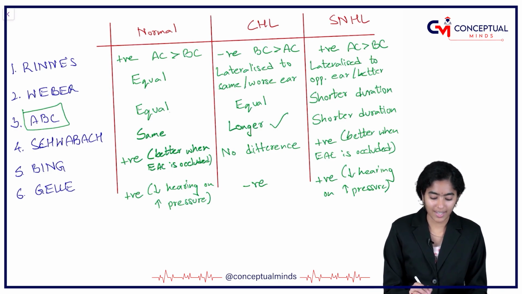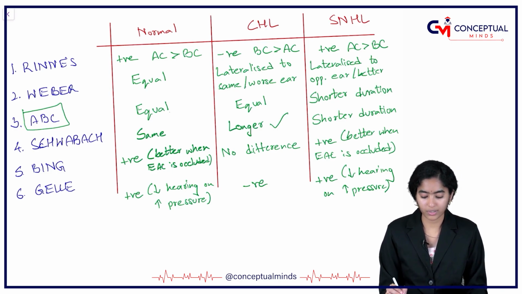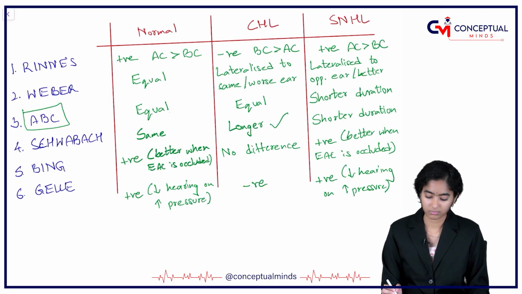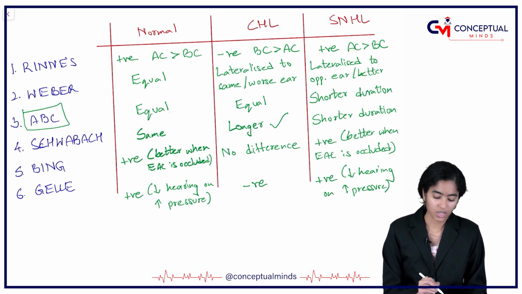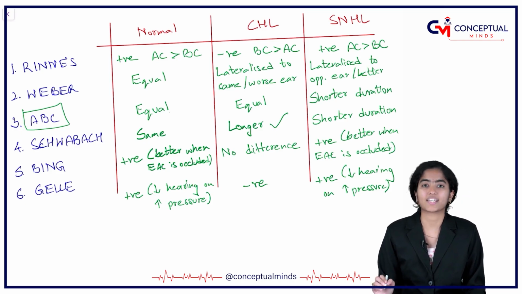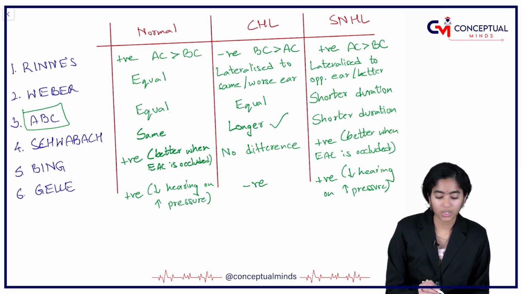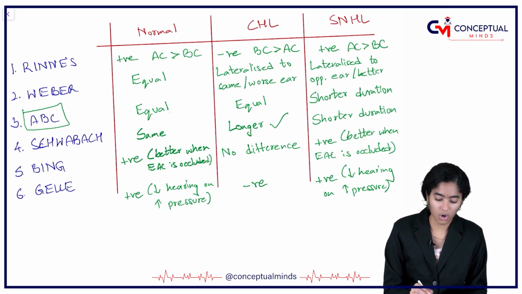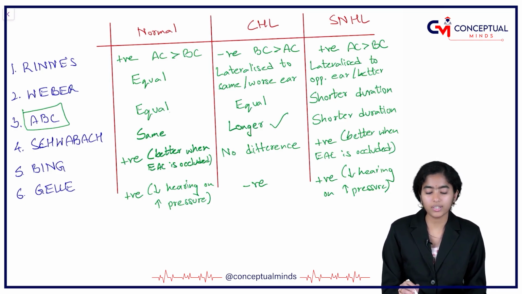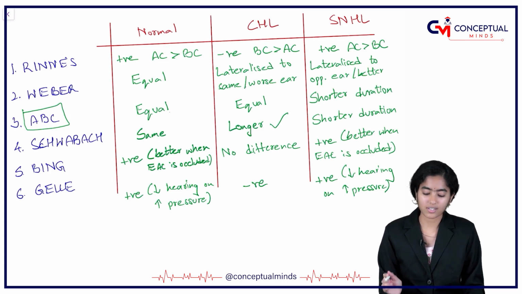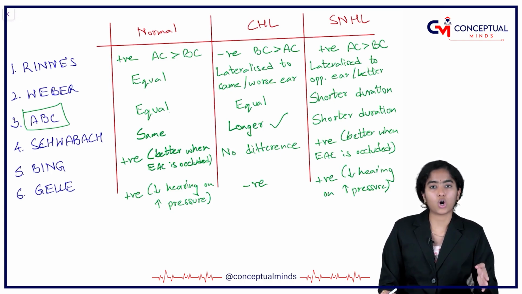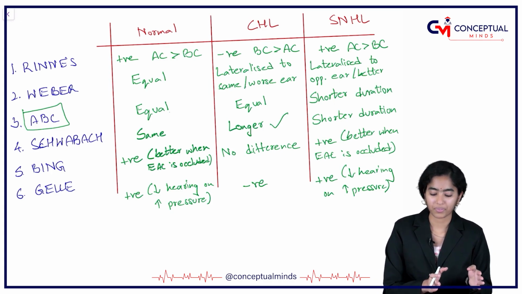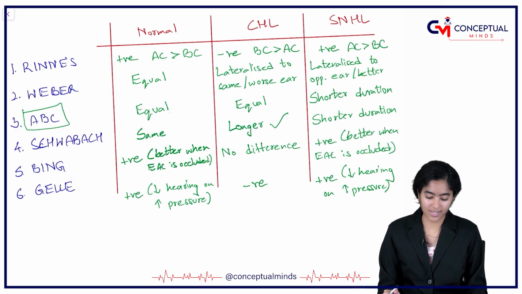Schwabach's is the same in normal and shorter duration in sensorineural hearing loss. Bing's test is positive in normal and positive in sensorineural hearing loss. Gelle's is also positive in normal and positive in sensorineural hearing loss. But in the absolute bone conduction test, it is equal in a normal person and equal in conductive hearing loss, whereas it is heard for a shorter duration in a patient with sensorineural hearing loss. Generally, normal and sensorineural go hand in hand, and conductive hearing loss is on the opposite side.